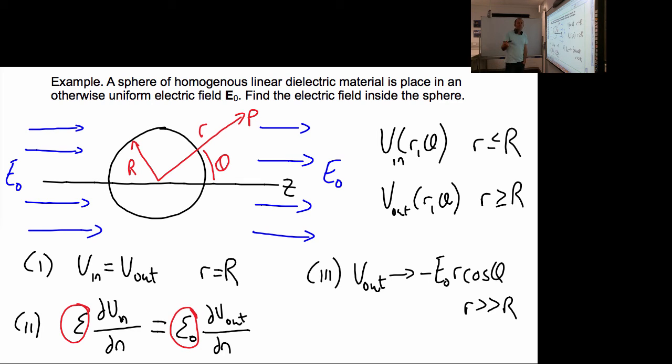Well, at infinity the potential is that of a homogeneous electric field. Essentially the potential will be equal to minus E naught z, which is minus E naught r cos theta. So these are our 3 boundary conditions.